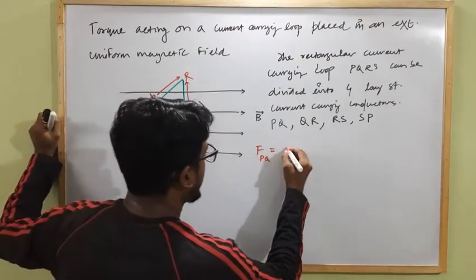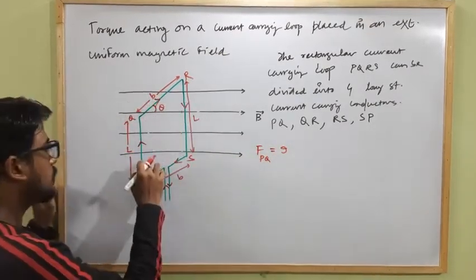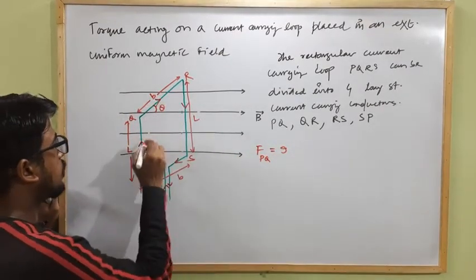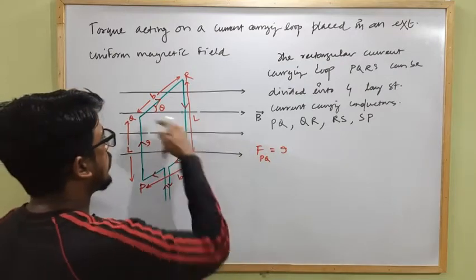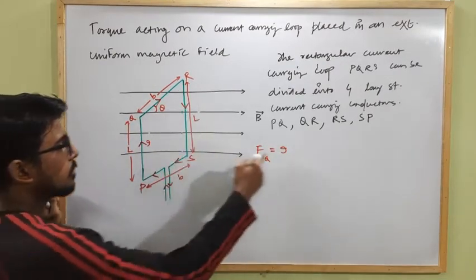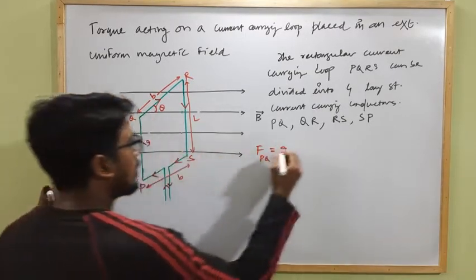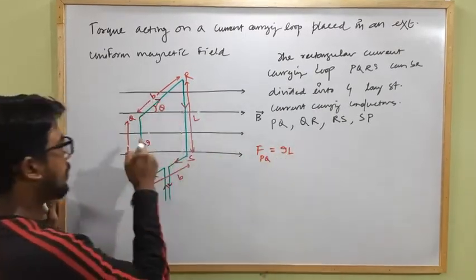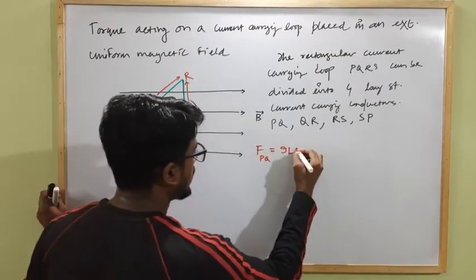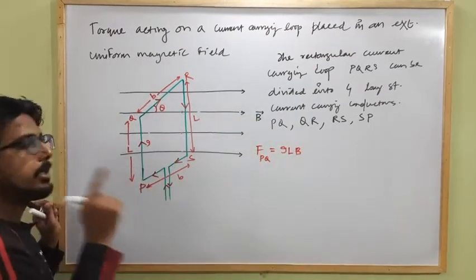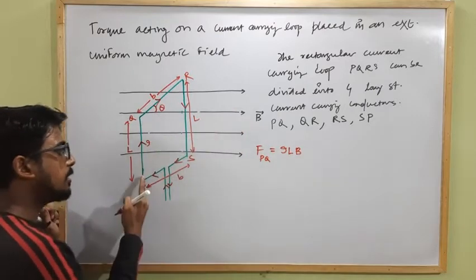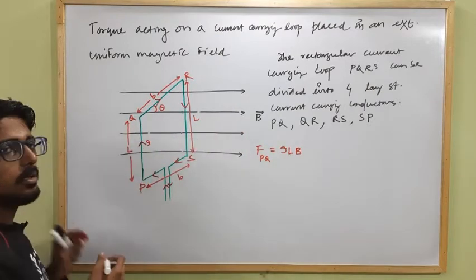It will be the current carried by the conductor I, let I be the current which is flowing through the conductor. So I, what is the length? L. What is the magnetic field strength? That is B, and what is the angle between the magnetic field strength and the length vector, which is along the direction of current?